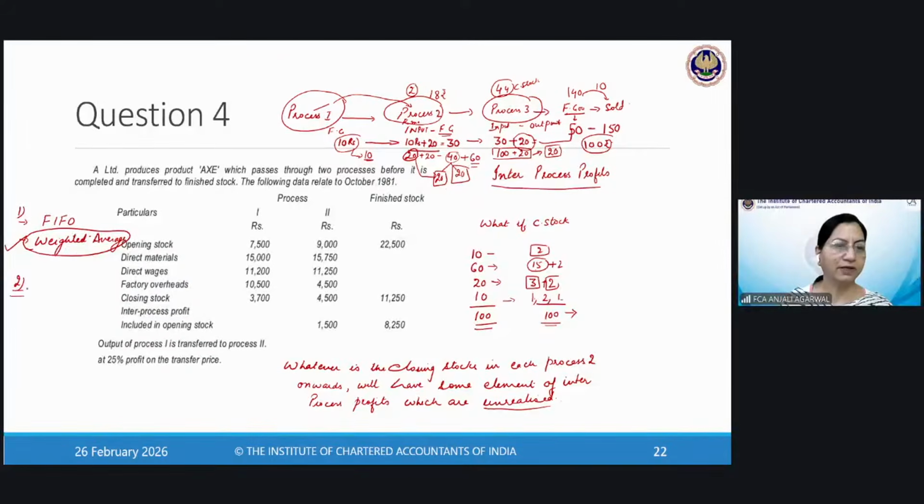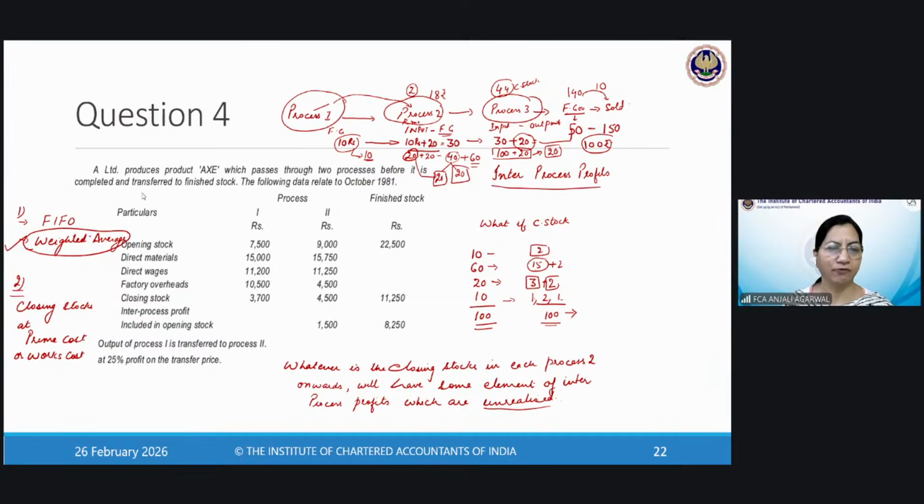Second and very important thing is your closing stocks can be valued at prime cost or at works cost. These two things that I'm writing are very, very important.